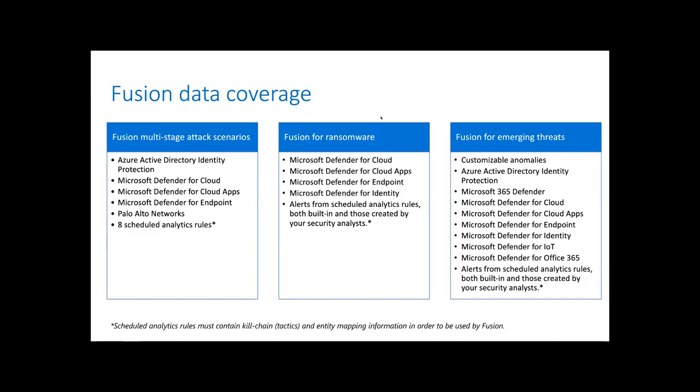Using tactics across your analytic rules and entity mapping provides additional context and insight so that the correlation engine can stitch together those low and informational alerts and turn them into low-volume, high-fidelity, high-severity incidents across your environment.